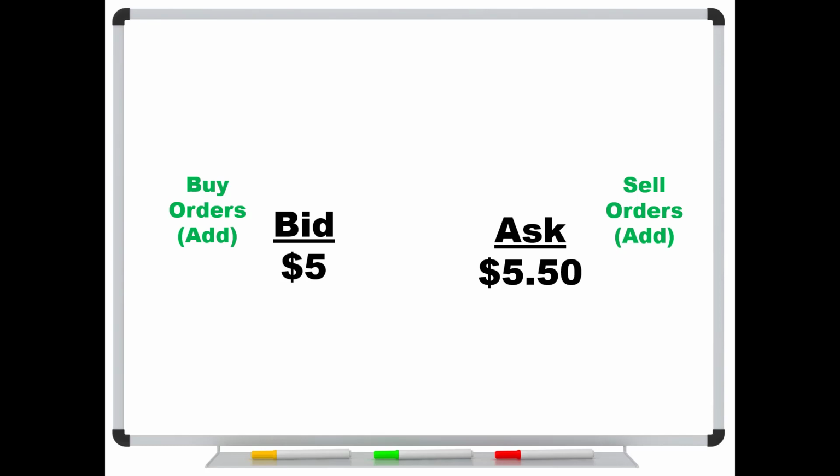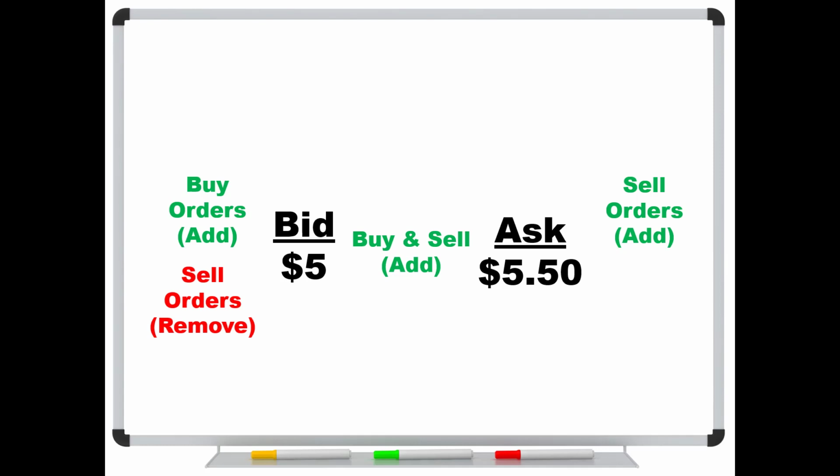You're not going to get filled right now, so you're adding to this pool of potential orders. And then finally, buy and sell orders in between the bid and the offer will also add liquidity because they're limit orders. Yeah, you'll tighten up the bid-ask spread, but they're still limit orders. And so you will be receiving rebates for adding liquidity.